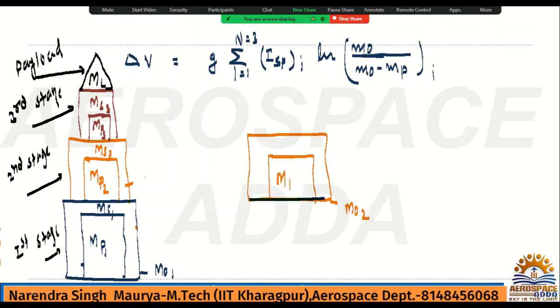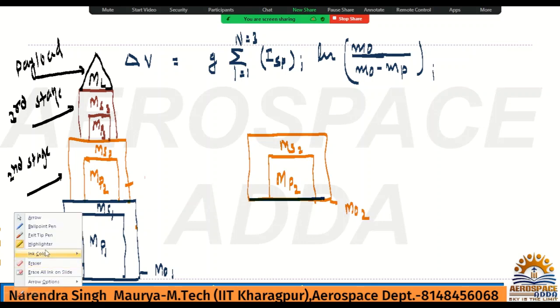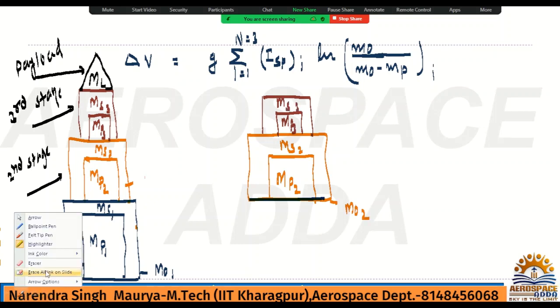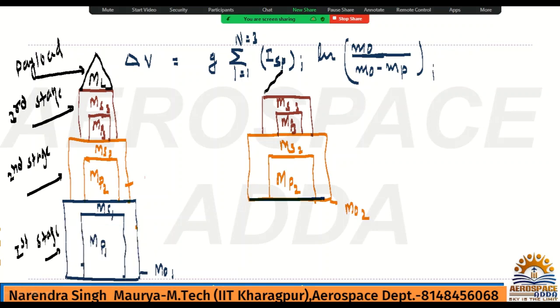This is the mass of propellant for the second stage, this is the structural mass MS2, and obviously the third stage will be there because only the first stage is removed. This is the third stage, MP3, MS3, and obviously the payload will be there. There is no question about it.